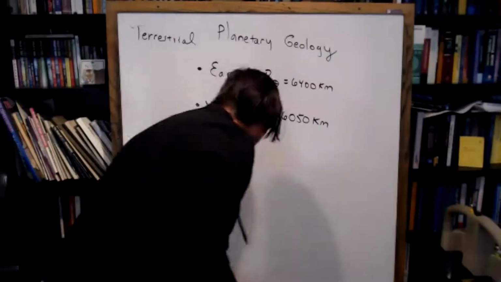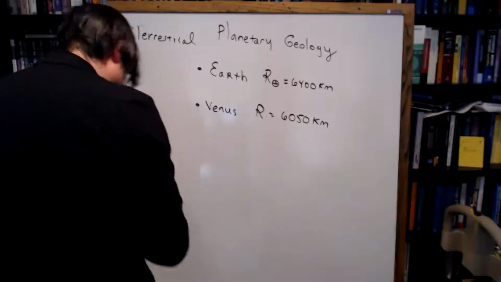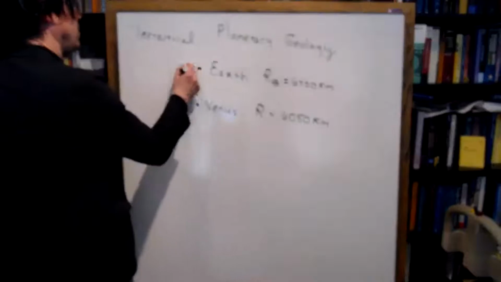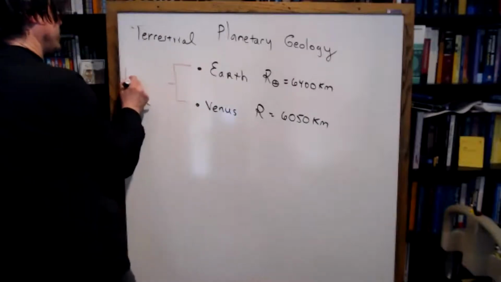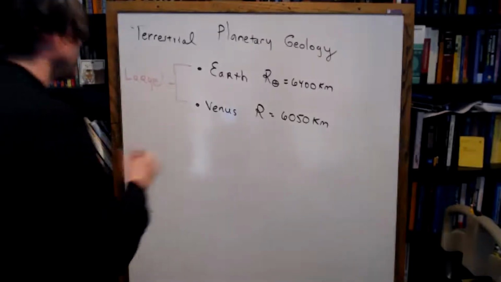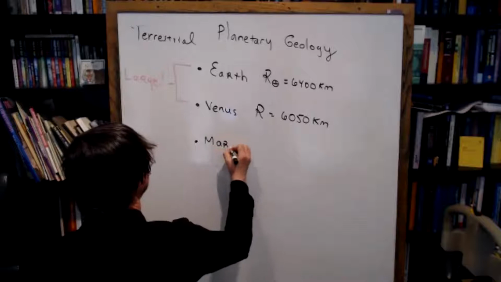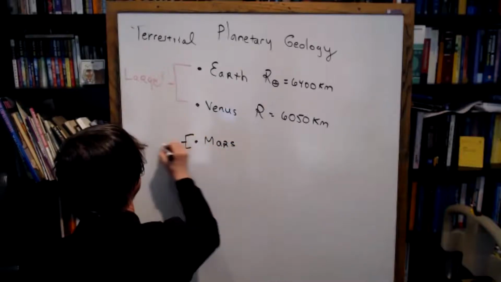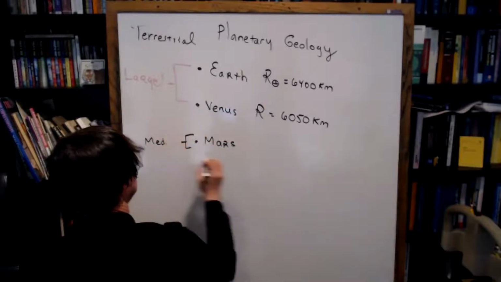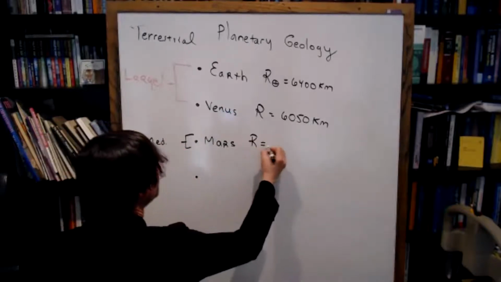Together, Earth and Venus are examples of large terrestrial planets. Now, Mars is sort of like a medium-sized terrestrial planet.